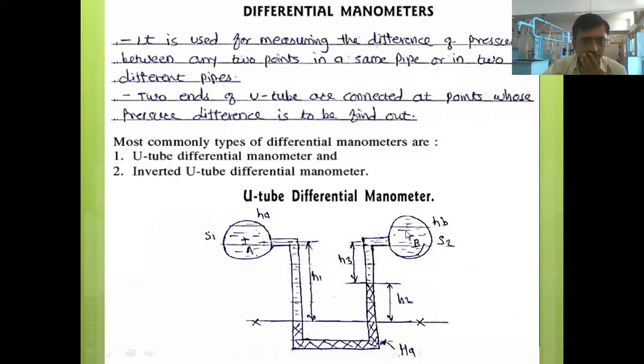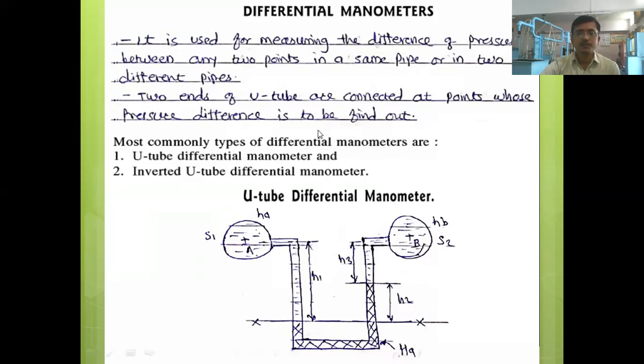Yuvraj has also given the answer: measurement of pressure at different points. Okay, correct, so both answers are correct. So see, simple manometers we use for measurement of pressure at a single point, and if you want to measure the difference of pressure between 2 points, then we can use differential manometers.